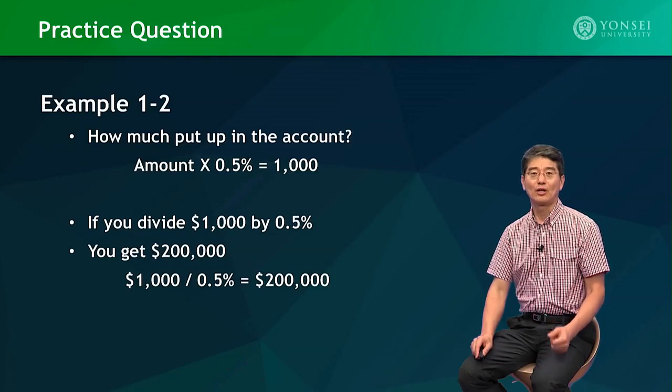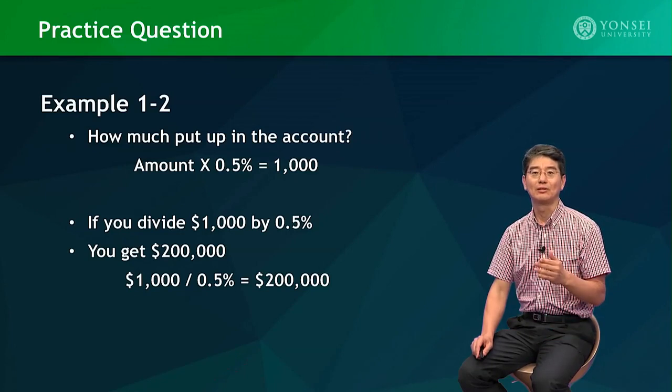The equation to solve for the amount to put up in the account is amount times 0.5% is equal to $1,000. If you divide $1,000 by 0.5%, you get $200,000. Therefore, the amount you have to put up in the savings account is $200,000, right?